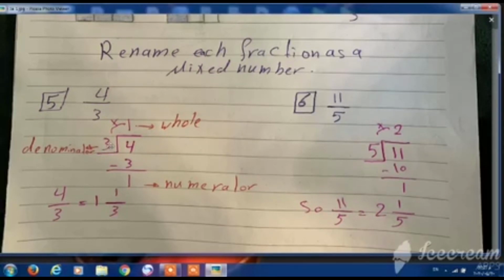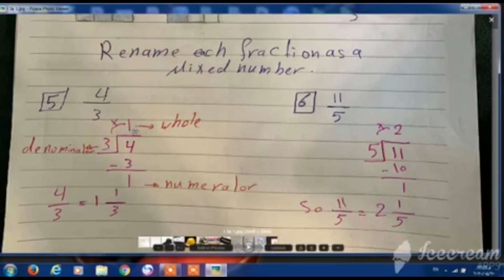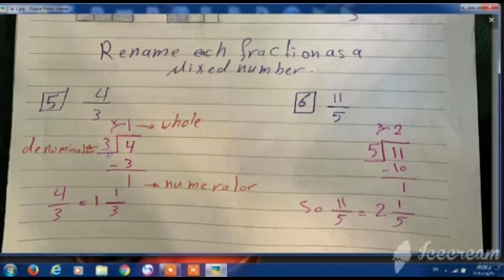From 4 how many 3s do I have? 1, so write 1. 1 multiplied by 3 equals 3, and then we have the minus sign, because we say that divide and minus help each other. 4 minus 3 equals 1, and for this division, 1 is the whole number and 3 is the denominator, and 1 is the remainder, so it is the numerator.